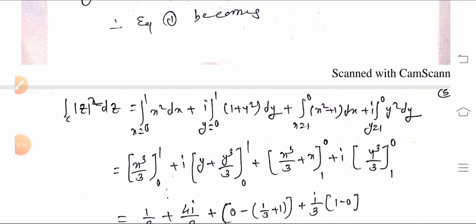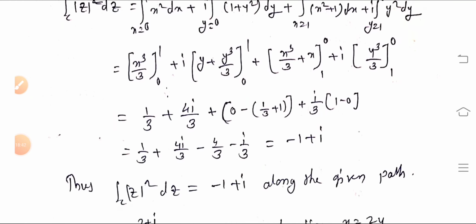Then substituting all these values and integrating, the simplification comes to minus 1 plus i. You have to work out this one. Thus the integral over C of mod z square dz is minus 1 plus i, along the given path.